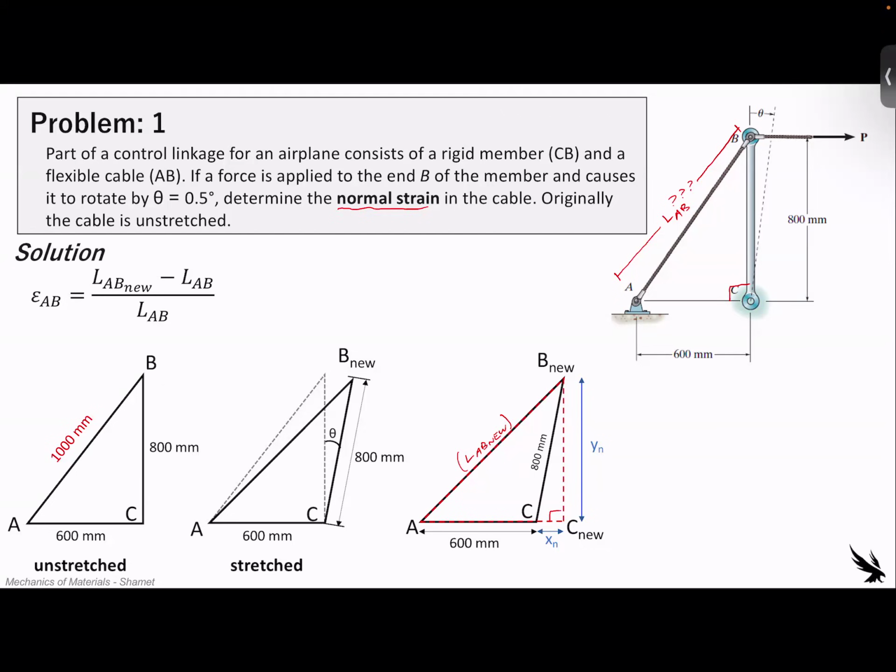And we can find that by using SOHCAHTOA, our good buddy SOHCAHTOA. So we divide this into a smaller right triangle, and knowing that the cosine is the adjacent over the hypotenuse, so the cosine of the angle of 0.5 degrees, which is this angle here.